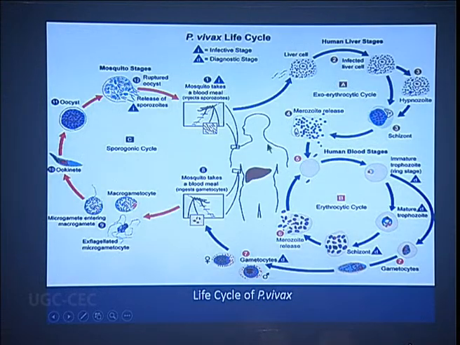Good. Now coming to the life cycle of Plasmodium vivax. As I told you, you can clearly see this life cycle has a human cycle and a mosquito cycle. In the human cycle, the mosquito bites the human, carrying sporozoites which enter the liver, and this is called the exoerythrocytic or pre-erythrocytic cycle.